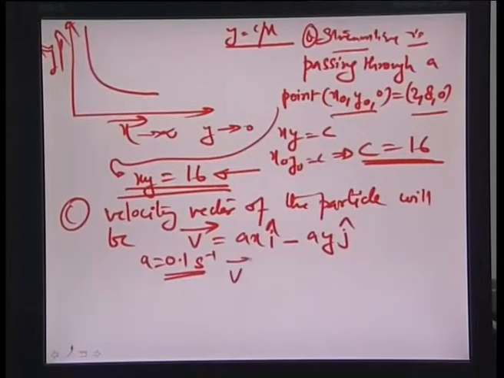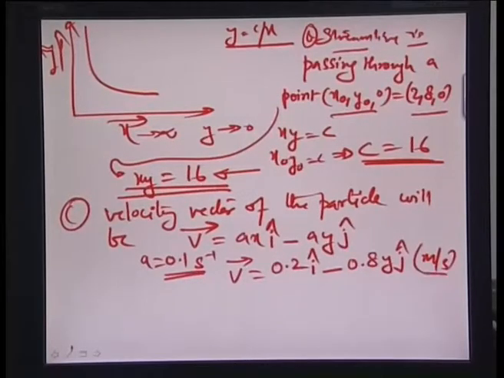So, therefore, velocity here would be represented as 0.2 i cap minus 0.8 j cap in meters per second, assuming that these 2 and 8 units have the units of distance in meters, okay. So, that is what essentially the third part of the question can be addressed as.